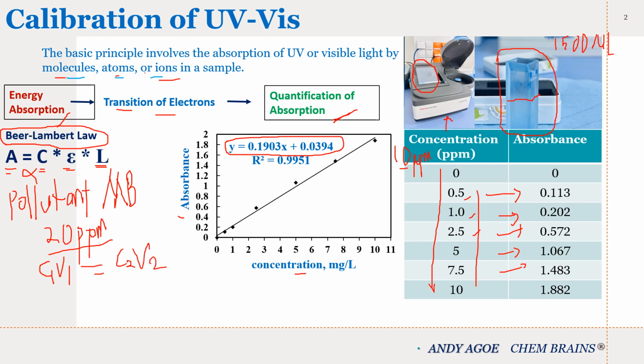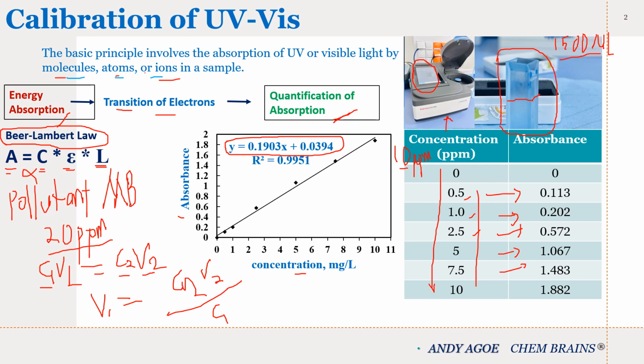Already we know that this equipment can only measure 10 ppm, so we know our final concentration. Then the volume is 1500 microliters, which is 1.5 milliliters, so we know our final volume. We know our initial concentration, which is 20 ppm. What we do not know is the initial volume to pick. So the initial volume will be C2V2 over C1.